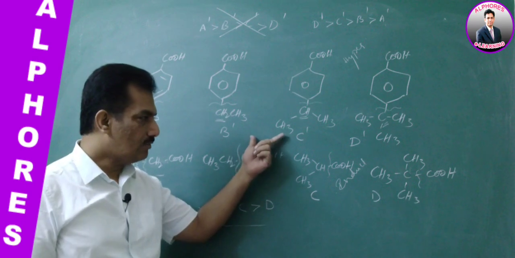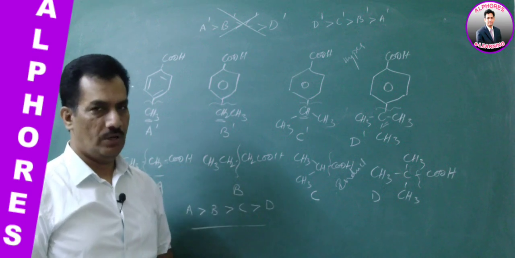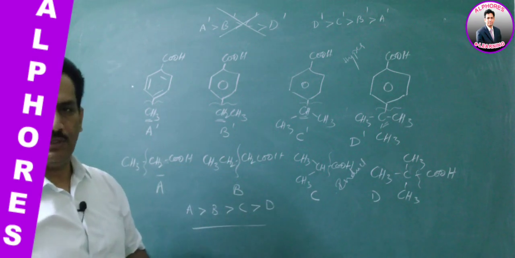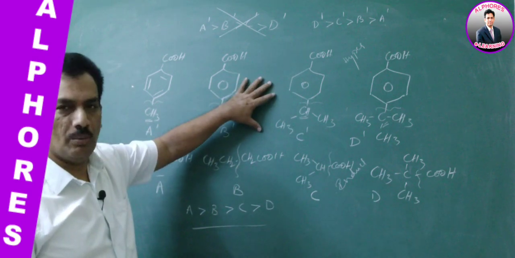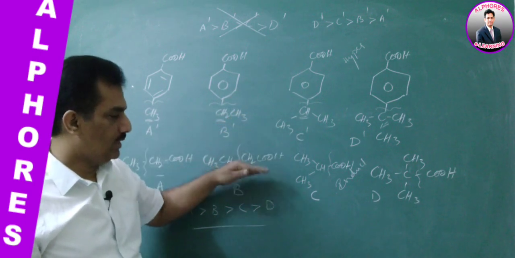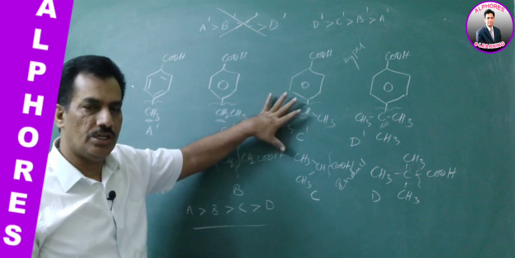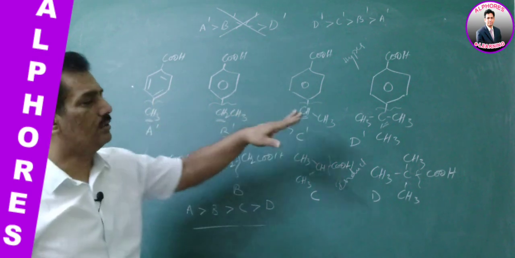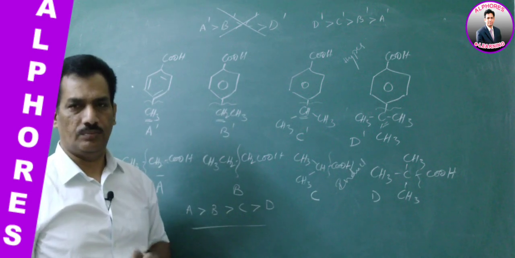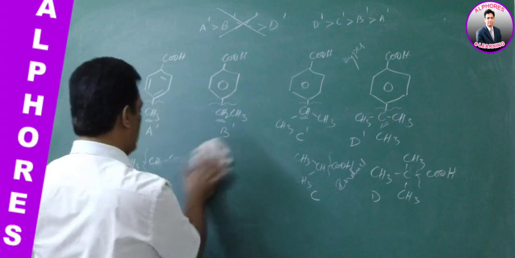But unlike that, here it is directly related to inductive effect. Are you following? That is the difference. This logic you have to remember. Don't imagine that inductive effect is operating in this condition. Frequently they ask questions related to this. Clear?